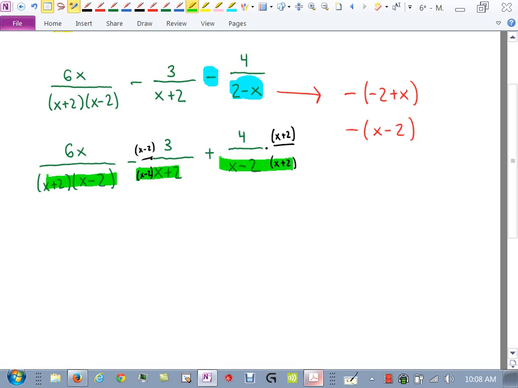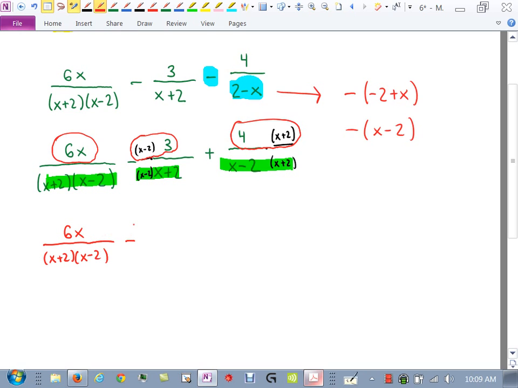Before I start putting things together, let me go ahead and multiply out the tops. Do I need to do anything to the 6x? No. Over here, I need to put these two together, don't I? And over here, I need to put these two together like this. So I'm going to have 6x over x plus 2 times x minus 2.